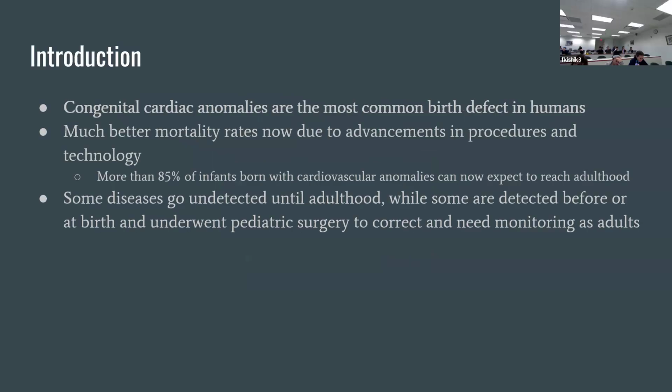So congenital cardiac abnormalities are the most common birth defects in humans. There used to be not a lot of treatment when someone was born with these types of abnormalities.